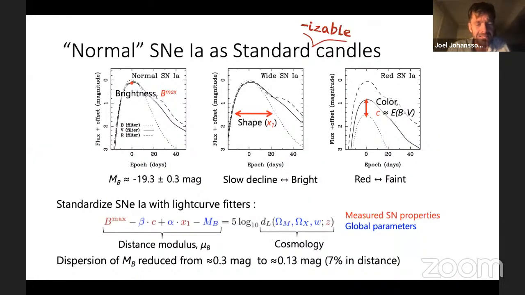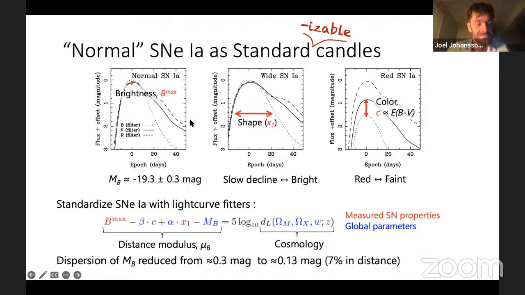I think this is hopefully the only equation I will show, but it's basically the foundation for how we do cosmology with type Ia supernovae. In principle what we care about is the peak brightness in some filter that we measure through photometry.